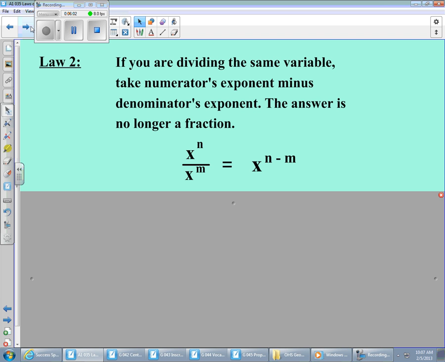All right, law number two. Law number two deals with the situation where we have two bases that are the same, just like we had with law one. Only this time, instead of being multiplied, we're dividing.